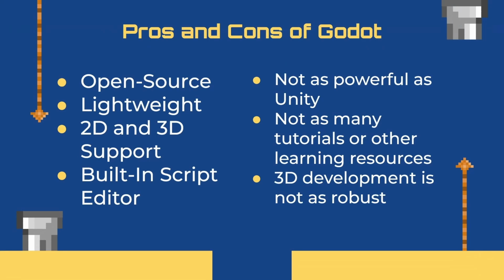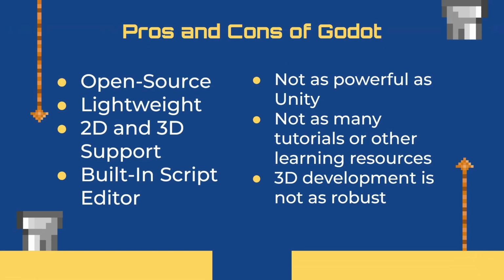Some of the cons of Godot: because it's a newer game engine, it's not as powerful as Unity. It's touched on a little bit in the third point, but one of the main things is that Godot started originally as a 2D game engine, so right now the 3D is not as fully supported compared to the 2D side of it, but you can still make 3D games in it.